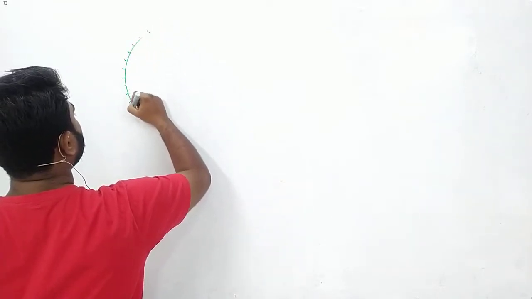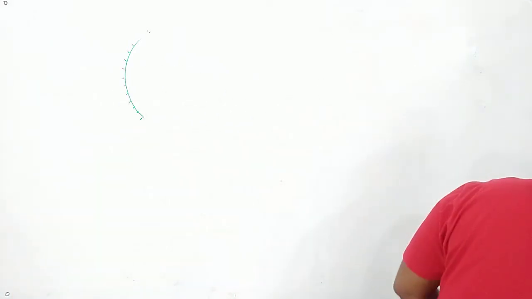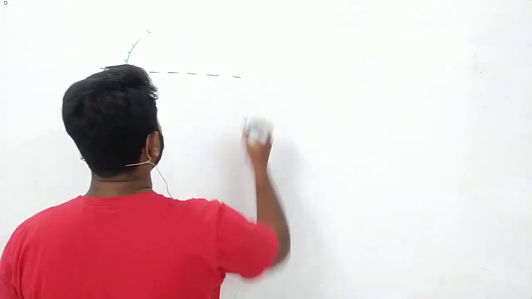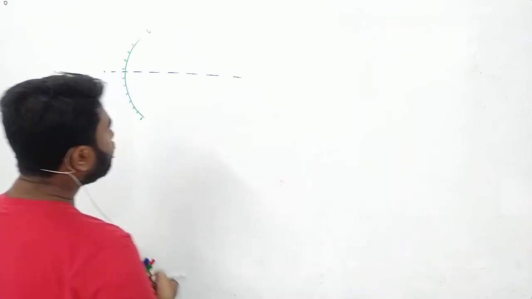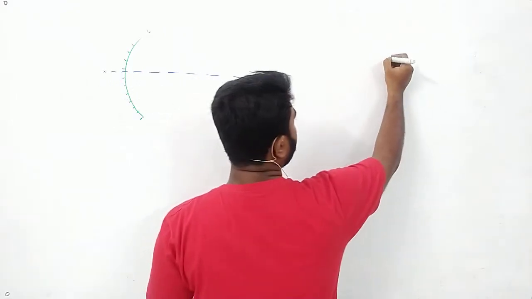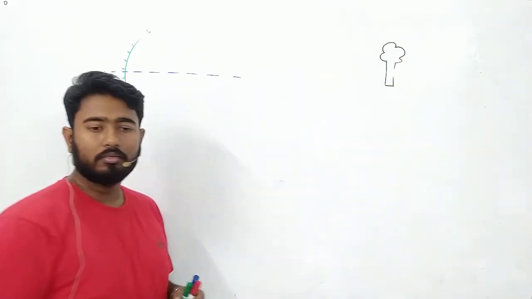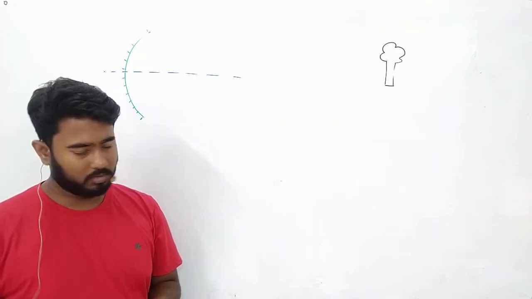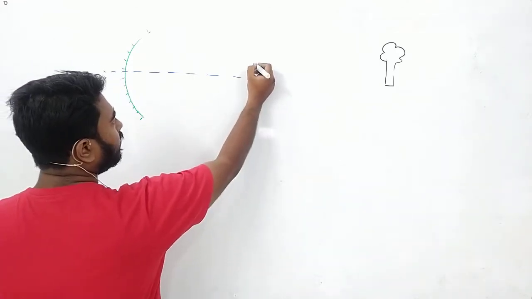Now suppose a ray of light is coming and falling on this mirror. Suppose a ray of light from a distant object, from a tree very far away, is coming and falling on this mirror. Can it fall? Yes, it can fall. Now what I'll do is that I'll take a piece of paper.